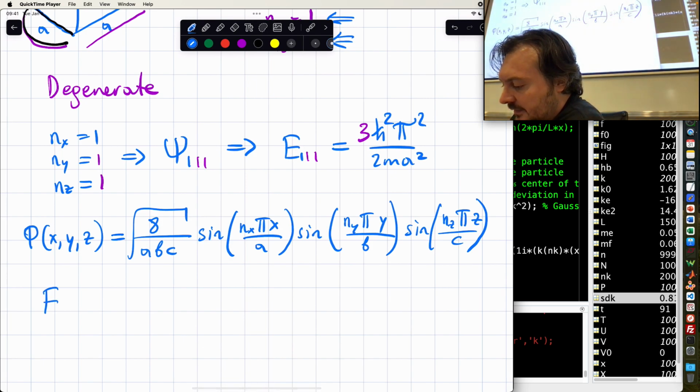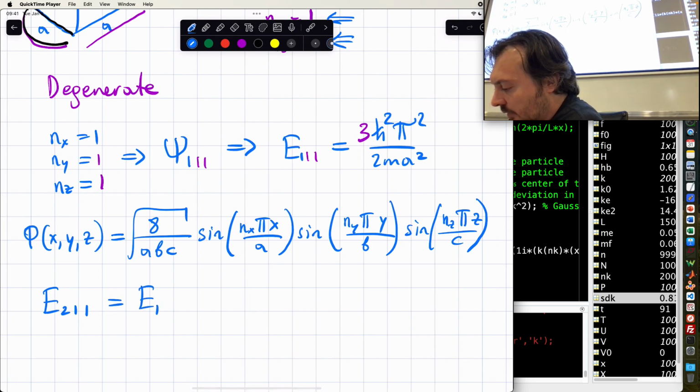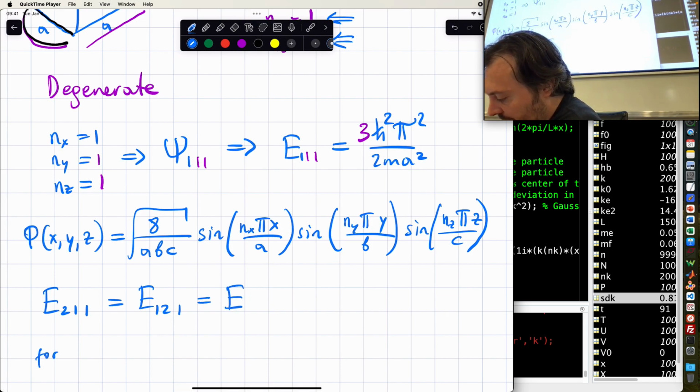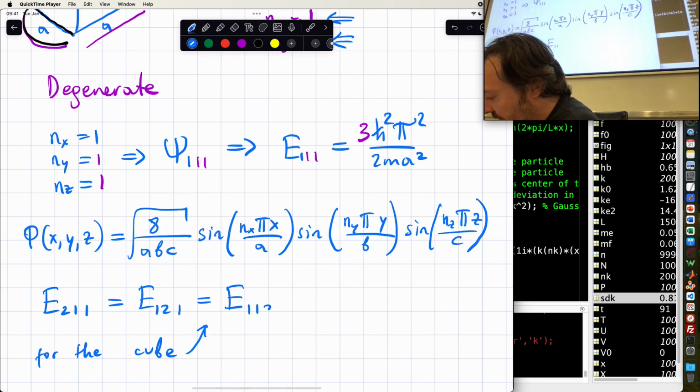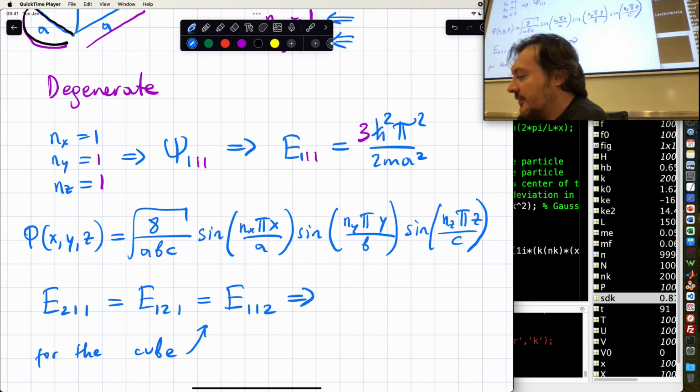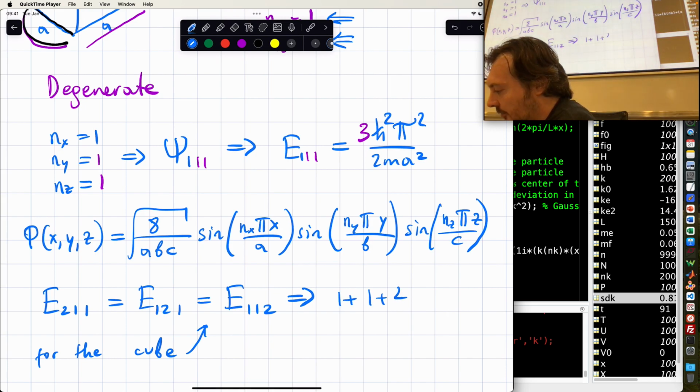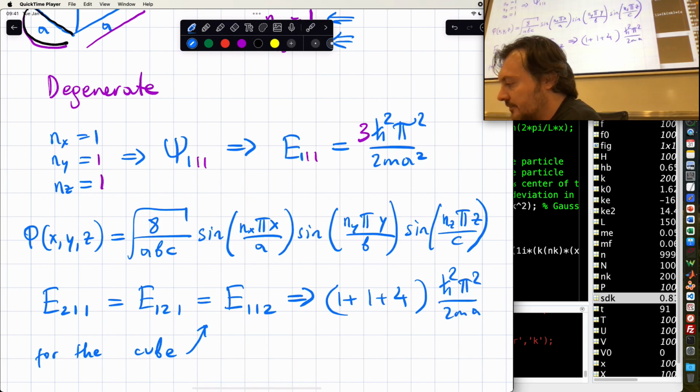The first excited state is degenerate, and it's composed of E211, E121, and for the cube, by the way, you will have 1, 1, 2, and they will all have how much energy? 6, right? 1 plus 1 plus 4, times h bar squared pi squared over 2 m a squared. Okay?